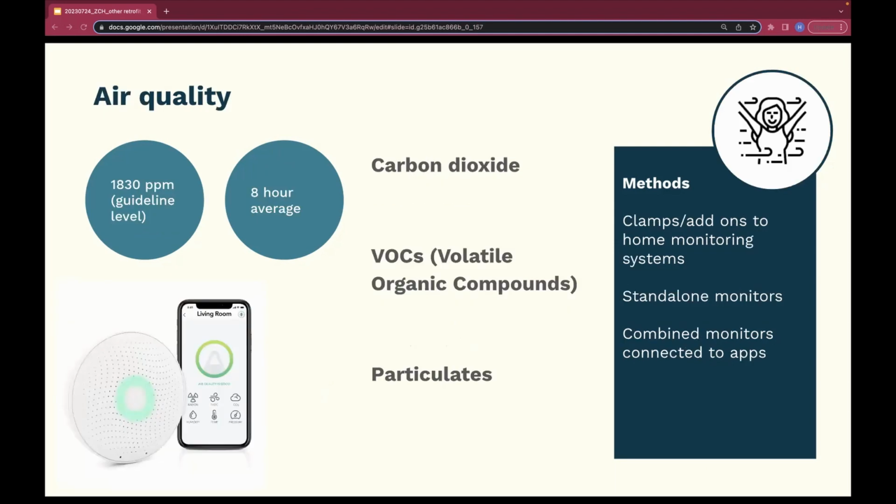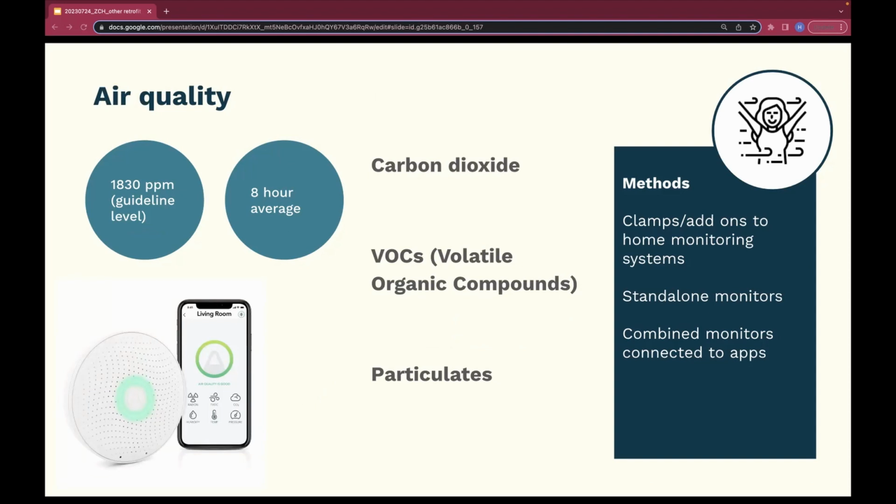Air quality. So obviously that's also linked to health and well-being. In terms of our homes, what we're generally talking about in terms of air quality issues are things like carbon dioxide, so CO2, VOCs, which are in pretty much everything in our homes, and they off-gas for quite a long time.